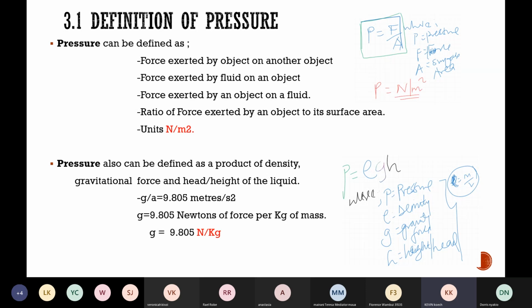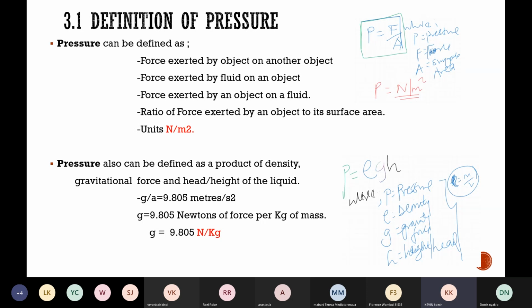Number two is the definition of pressure. We define pressure using the formula pressure equals force over area, where P is pressure, F is the force in units of Newton, and area is the surface area of the object, with units of square meter. So this is a definition of pressure.